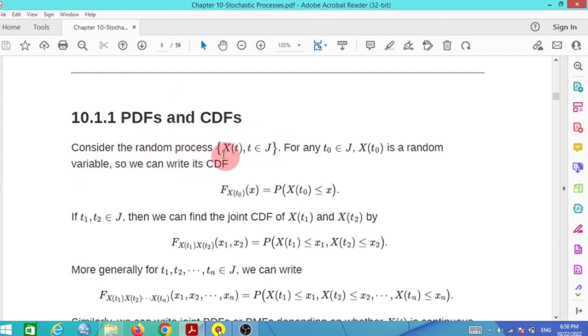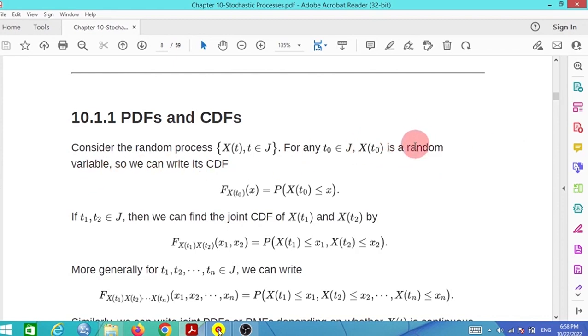Consider a random process the same as this, where for any t0 belonging to G, X(t0) is a random variable.